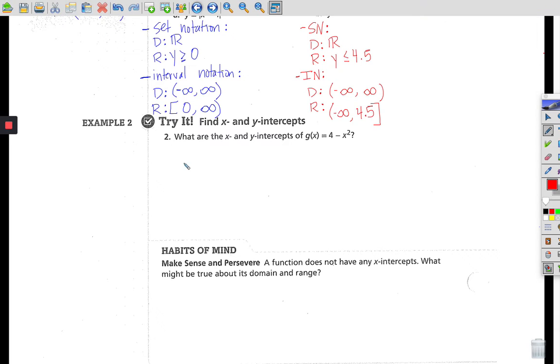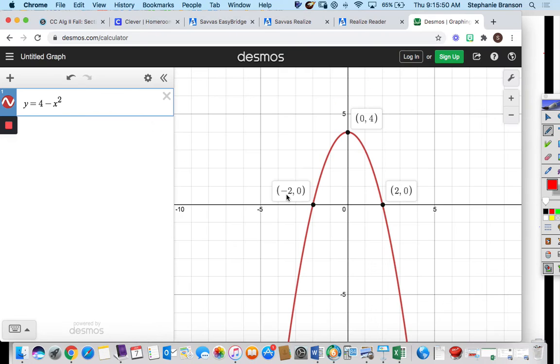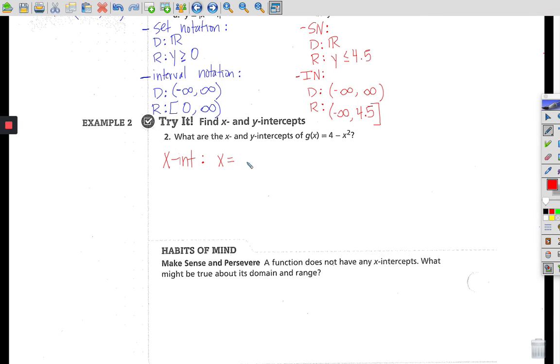So my x-intercepts are x equals negative 2 and x equals positive 2. So negative 2 and positive 2. And sometimes they may want you to write it as an ordered pair. So if we did that, it would be negative 2, 0 and positive 2, 0.